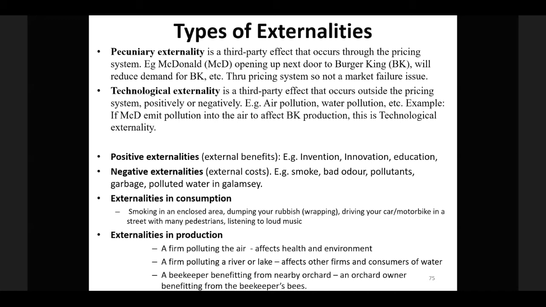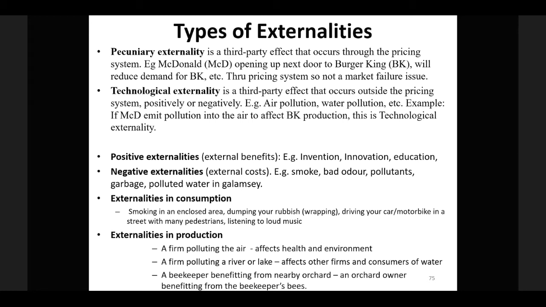But it will reduce the demand through the pricing mechanism, because if the two of them stay side by side, then they are going to compete for the customers. Competition for these customers will require that they reduce price so that they can attract the customers to their shops.